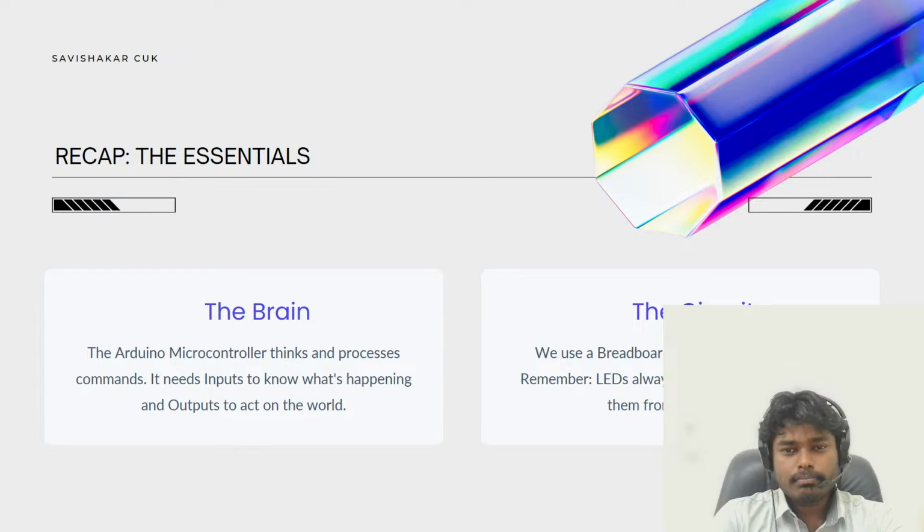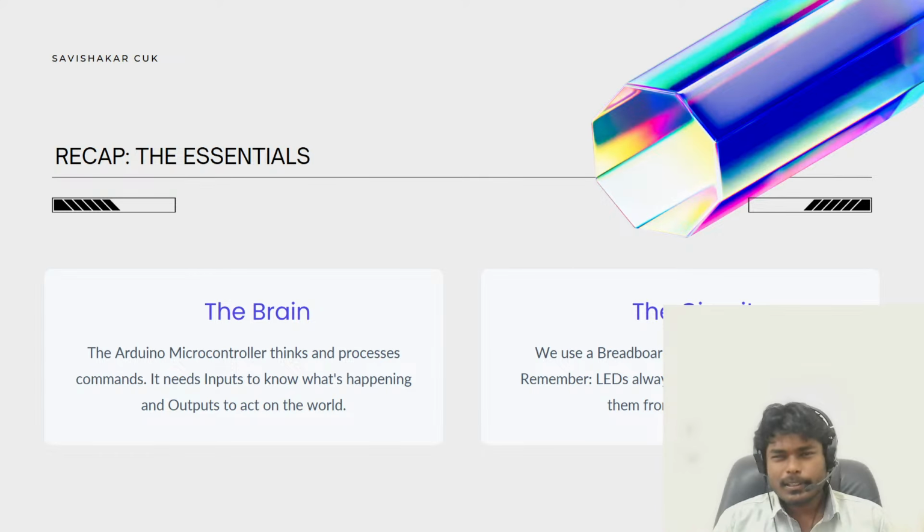So, before moving forward with today's session, let's recap what we have learned in our last session. In the last session, we talked about the microcontroller. We understood how a microcontroller works and how it acts like a brain for digital electronics or robotics.